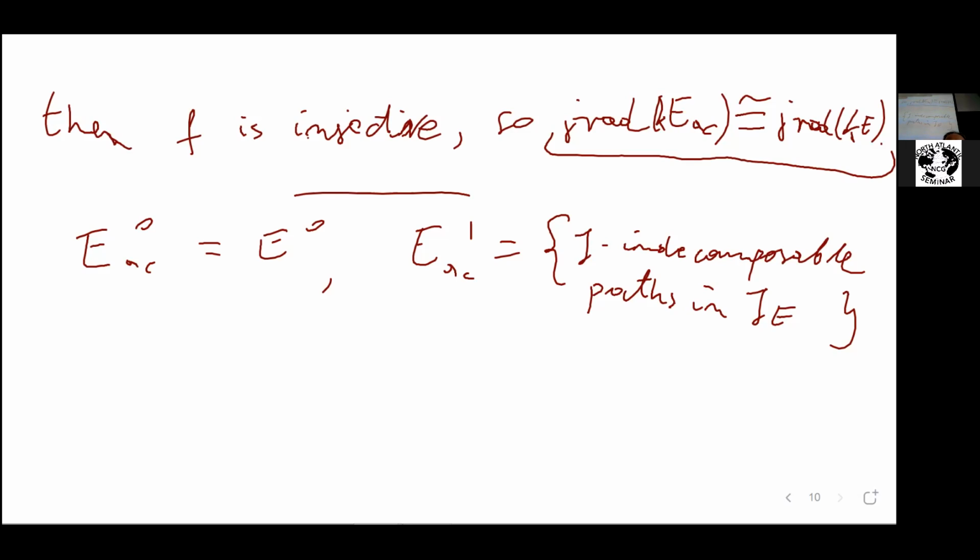And of course, you see that this is a graph because the ends and the beginnings of any paths in E are of course vertices of E, and EAC 0 is equal to E0. So you have well-defined source and target maps induced from the graph E. So this is really a graph, all right?